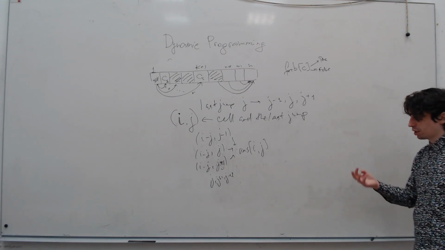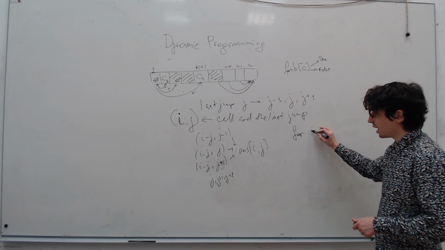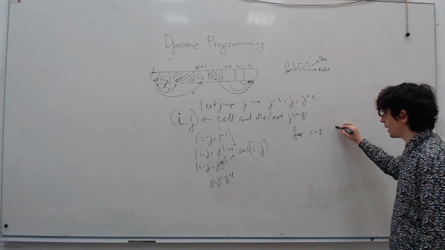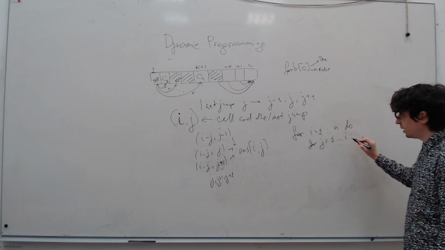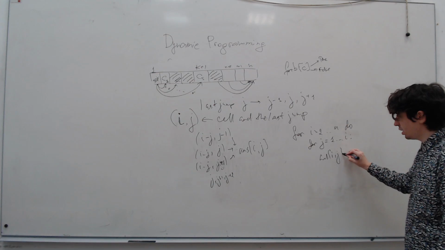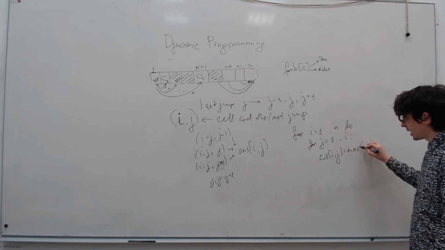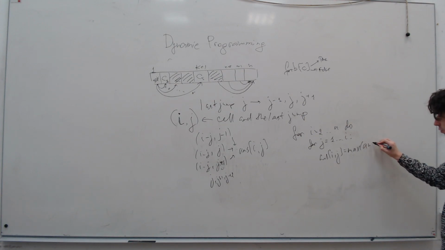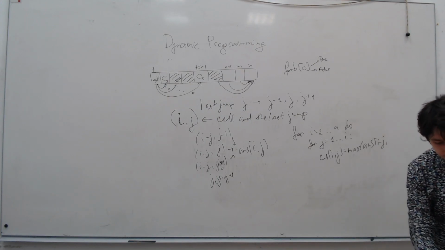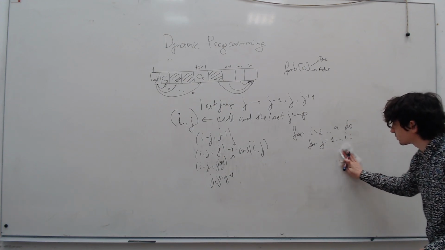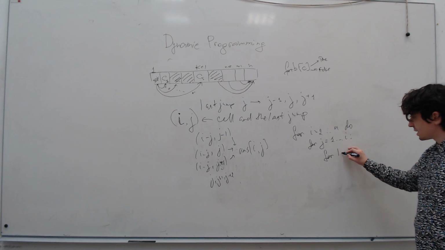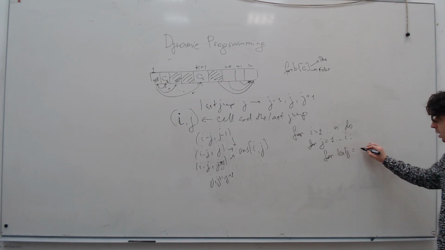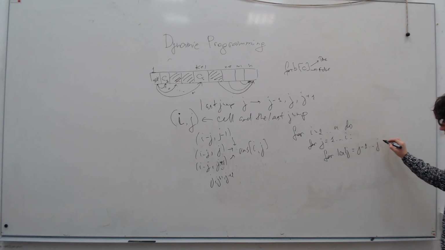Then you simply calculate. For i from 2 to n, for jump from 1 to i, answer for ij equals the maximum over ans of i minus j and last j equal to j minus 1, j, j plus 1.